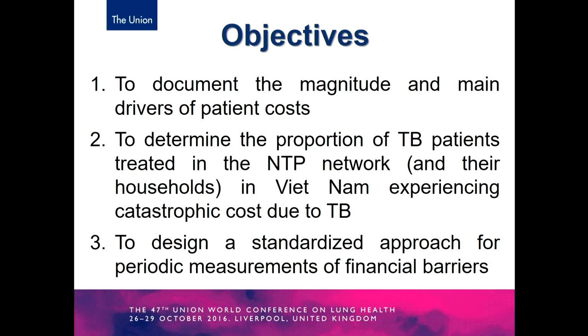We mainly focus on 3 objectives of the survey. Firstly, we would like to describe the magnitudes and the main drivers of patient costs. Secondly, we would like to identify the proportion of TB patients experiencing catastrophic costs due to TB. And hopefully, we could design a standard approach for periodic measurement of financial barriers among TB patients.